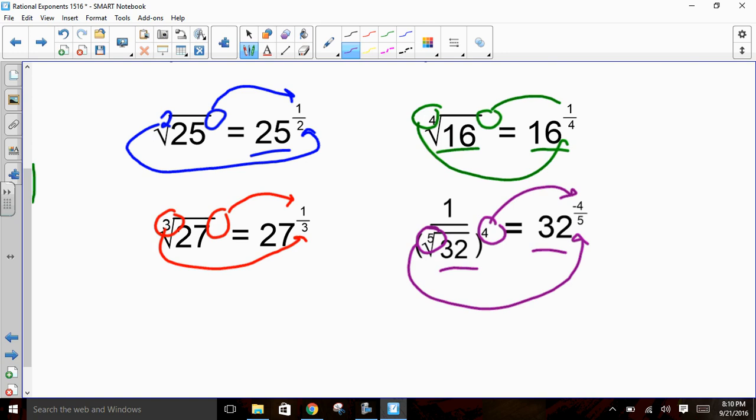Do you remember how we said that if I had x to the negative 4th, that was 1 over x to the 4th because it turned positive? Well, same idea, I'm going backwards. Since this 4 here is on the bottom, it's saying it's negative, so when I bring it up, I have to make it negative. So just like when we talked about exponents, when we have things on the bottom, they are negative.